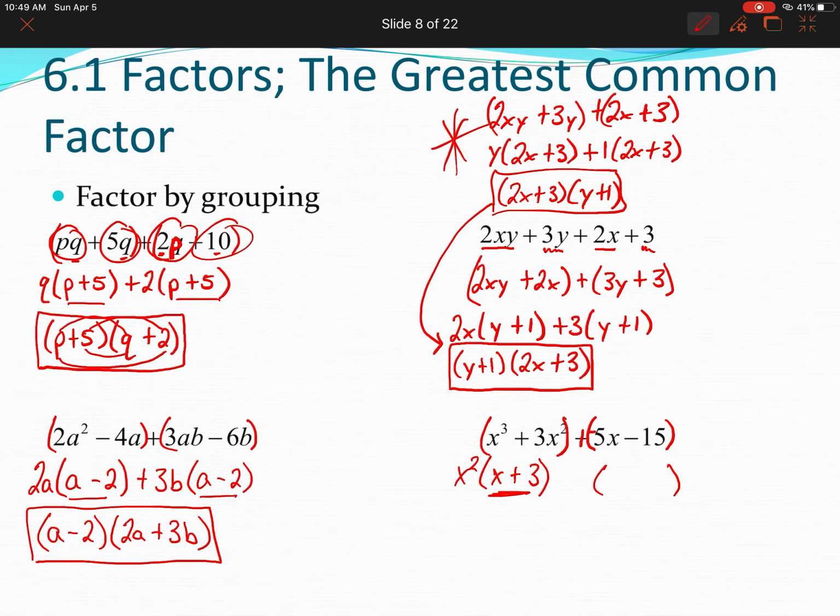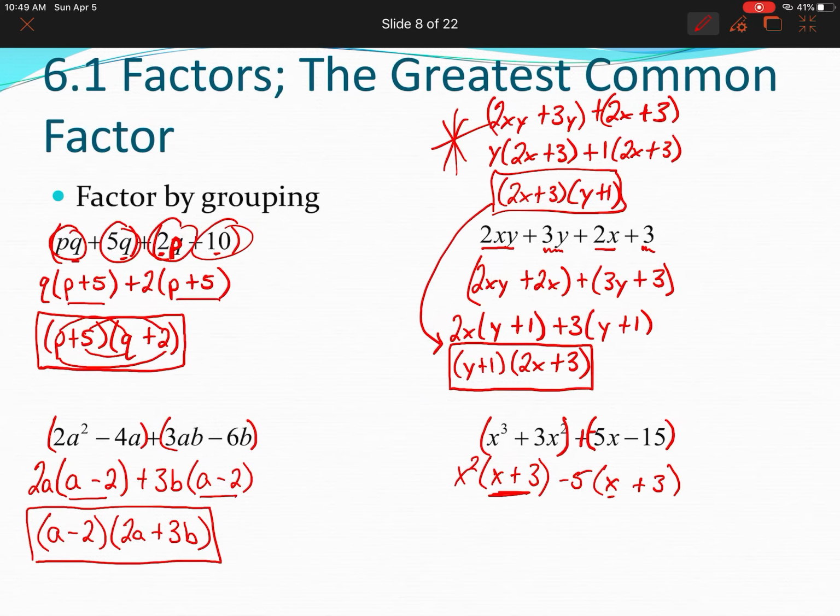We need this x term to be positive in the parentheses. If we factor out a negative, that's going to change that sign and make it a positive. So when we factor out the negative 5, negative 5x divided by negative 5 is a positive 1x, and negative 15 divided by negative 5 is a positive 3.